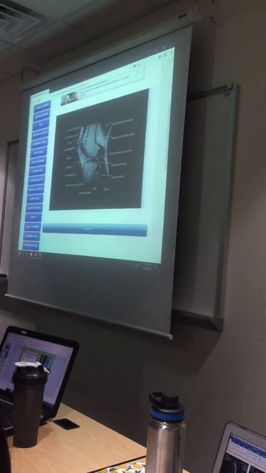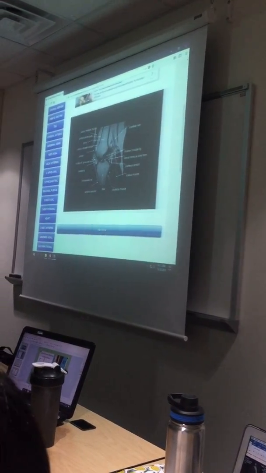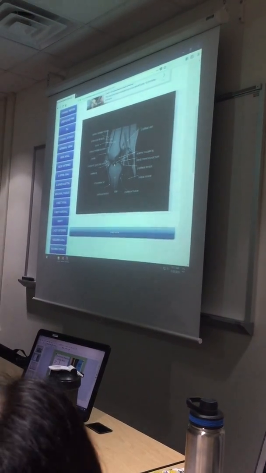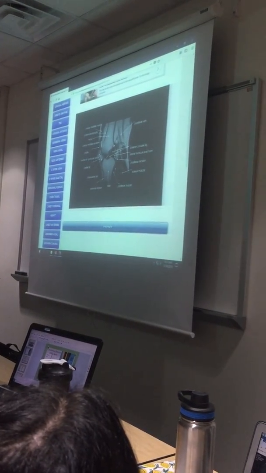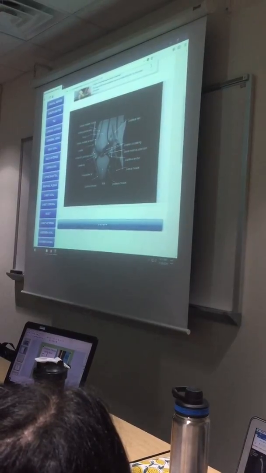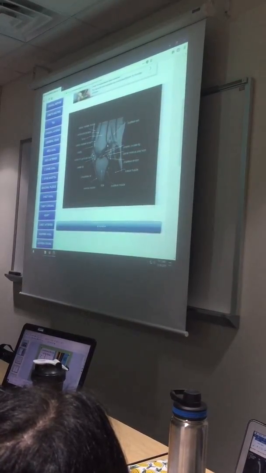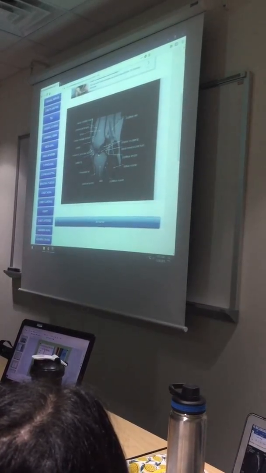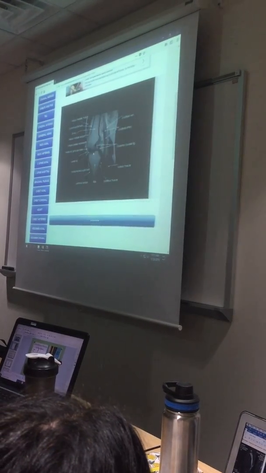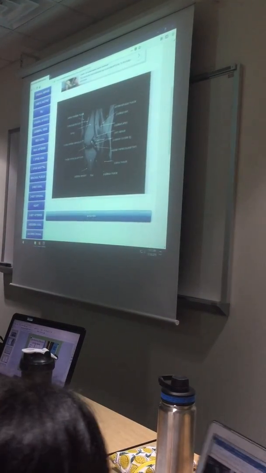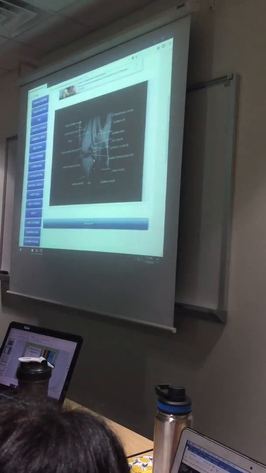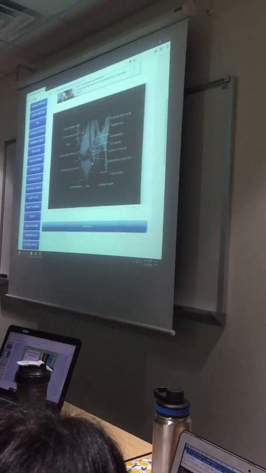Once I get to the center part of my knee, the very first major ligament here is my ACL. It attaches from the back of the femur to anterior. Then if I do a couple more slices, back of femur to the back of the tibia is my PCL.